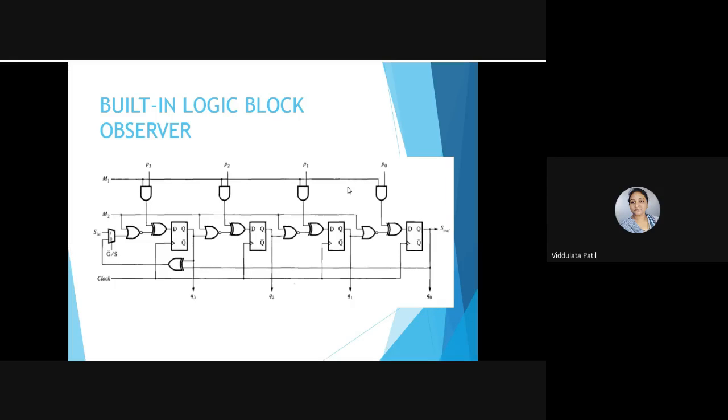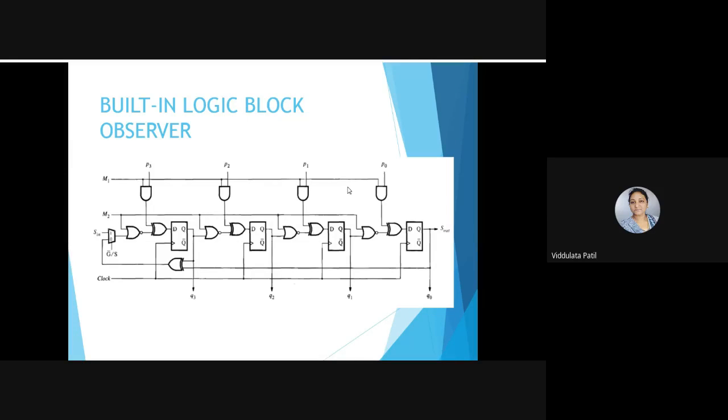So instead of using separate circuits for these two functions, it is possible to design a single circuit that can serve both these purposes. That means it will generate a test pattern, as well as be used for compressing the results. Okay, so for generating the signature also we can have a single circuitry, and that is called a built-in logic block observer.